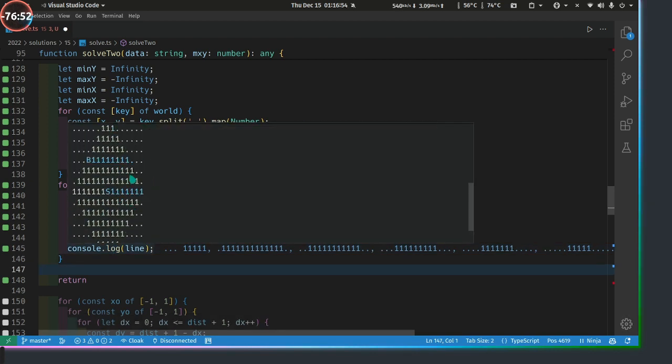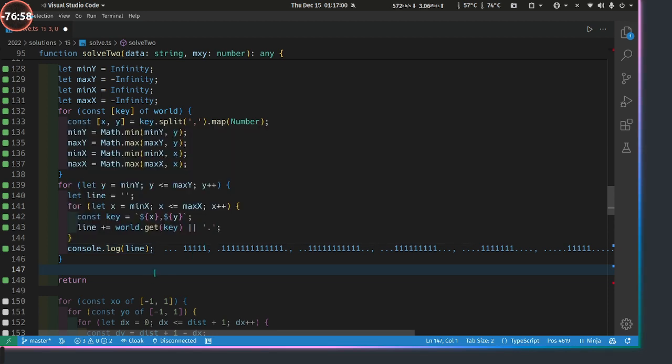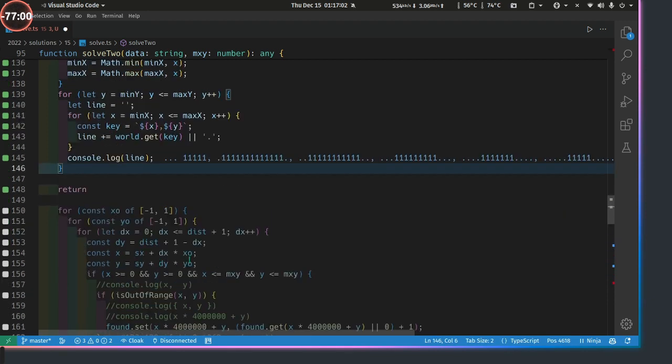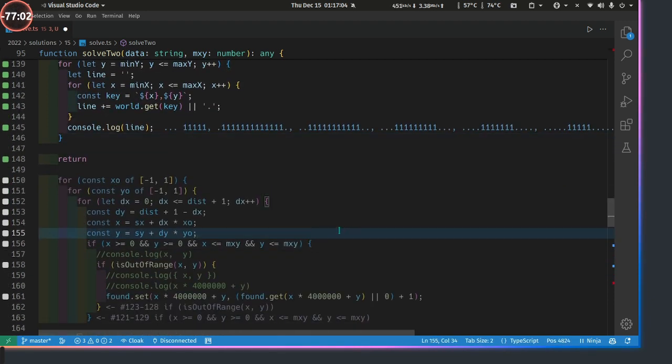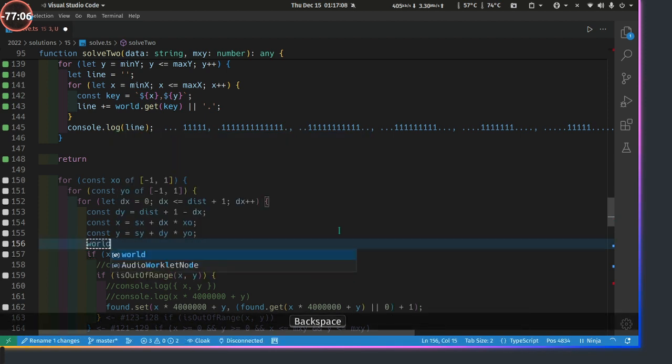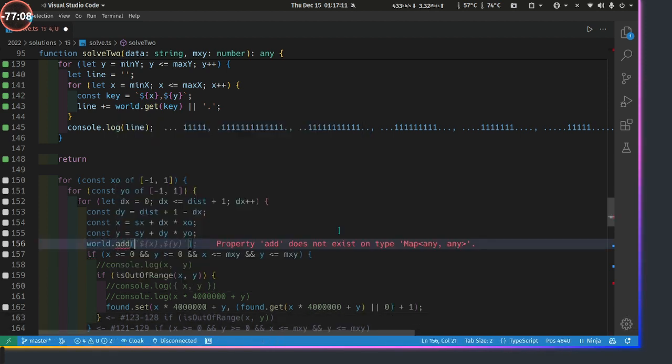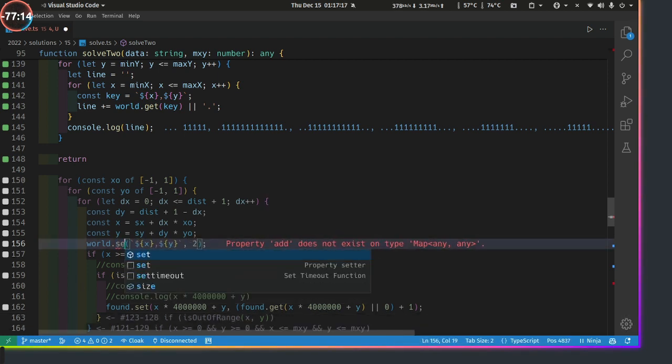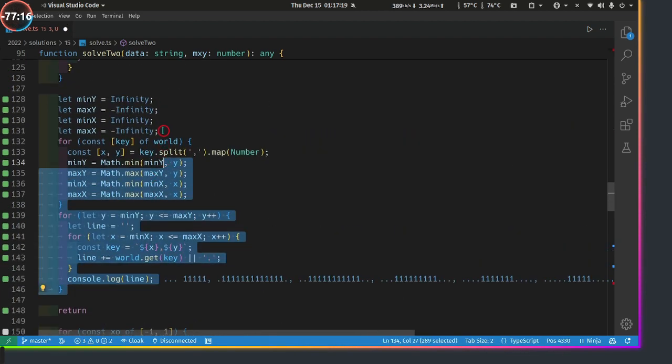So we have one beacon visualized. There's the S, there's the B. And now we're going to try all positions around it. So good visualize. Now for all of y'all, I'm going to try world, please. World.add X and Y as number 2. Or set or put. Come on. There you go. Lovely set.